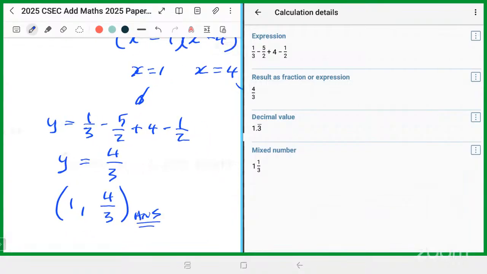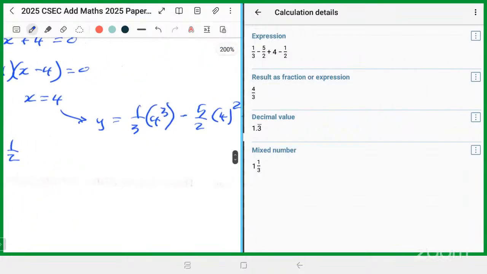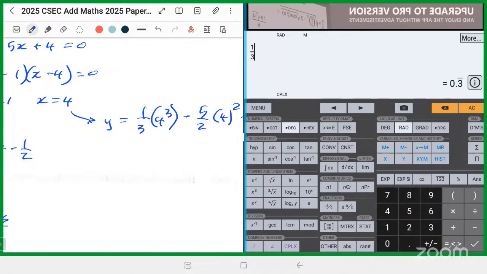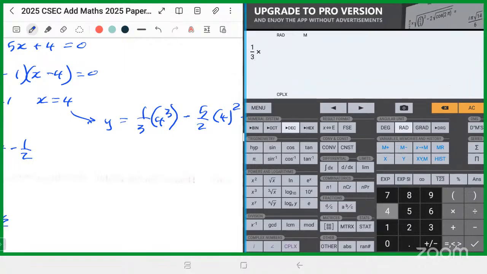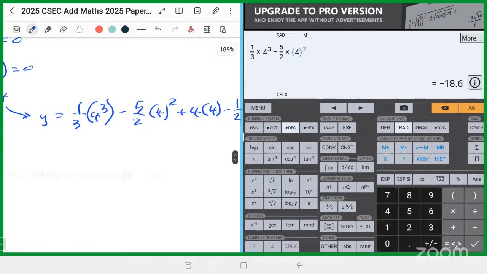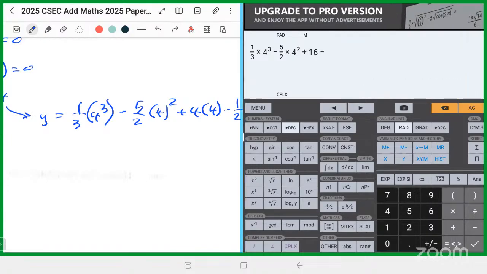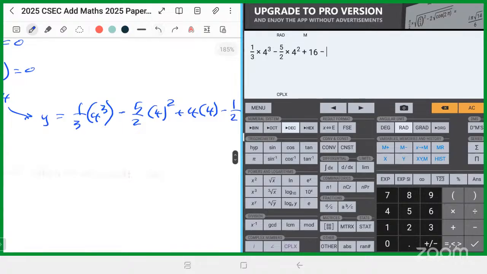The other point is where x equals 4. Let's put this in the calculator: 1/3 times 4 cubed, minus 5 over 2 times 4 squared, plus 4 times 4, which is 16, and then subtract this half again.